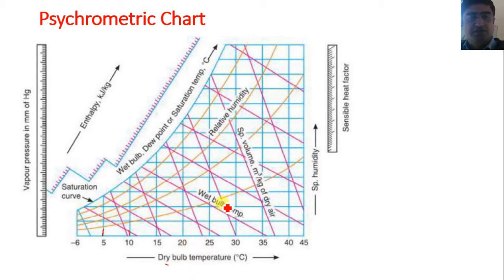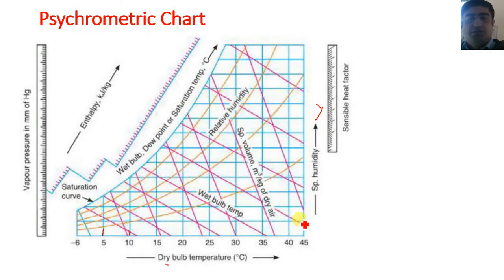The other lines are 25 degree, 30 degree, 35 degree, 40 and 45 degrees. So we can say that on the x-axis the values indicated are the dry bulb temperature in degree Celsius.